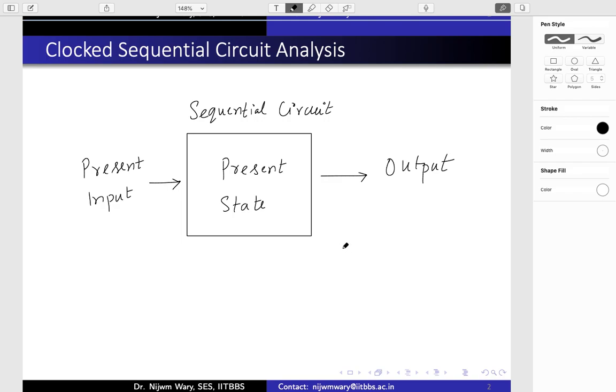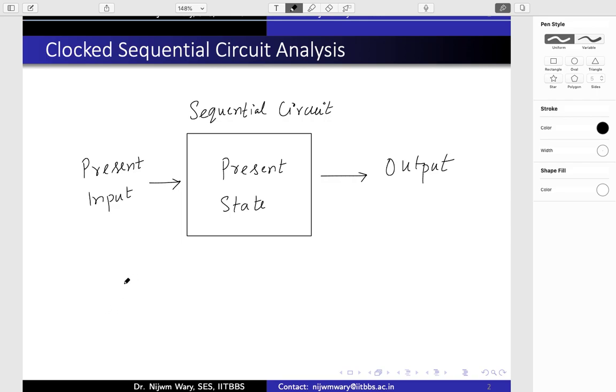Here we'll be trying to understand how to analyze how the sequential circuit works, because it's very difficult to know what the next output will be. Suppose I want to predict the next output, and I know the present state and the present input, how do we characterize the complete sequential circuit?